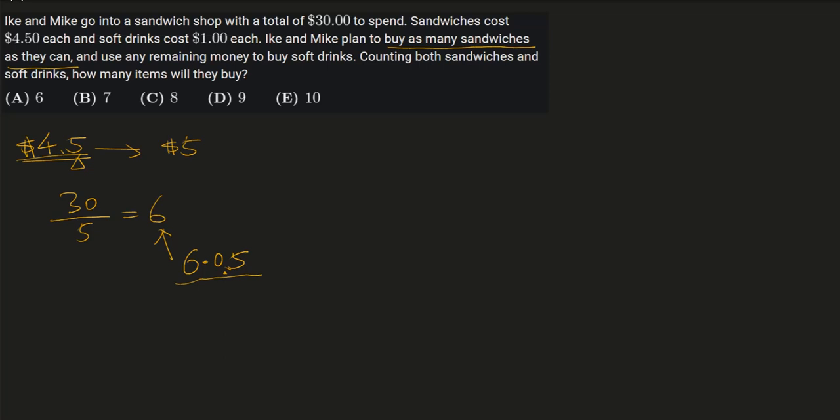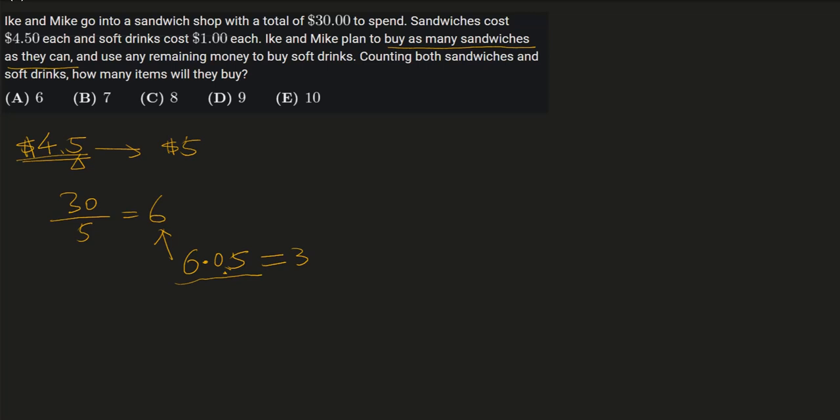And what is that value? 6 times 0.5, that's $3. Is this $3 good enough to buy another sandwich? No. You can't buy any more sandwiches. Then you have to spend all these $3 on soft drinks.